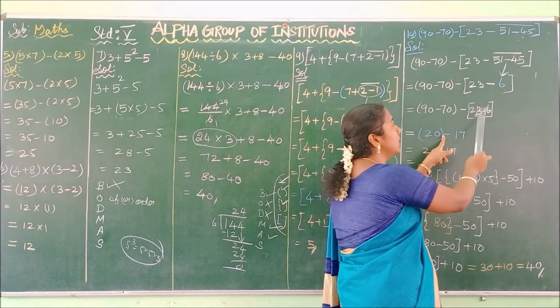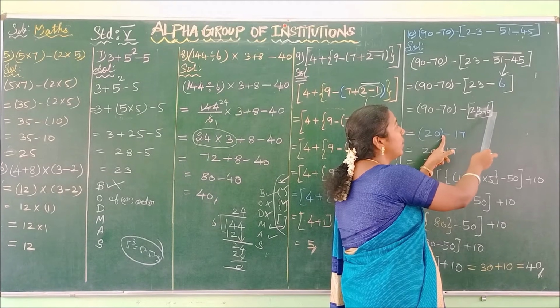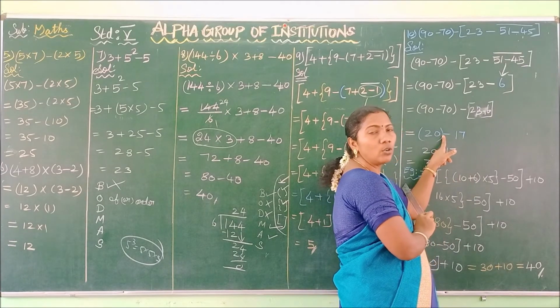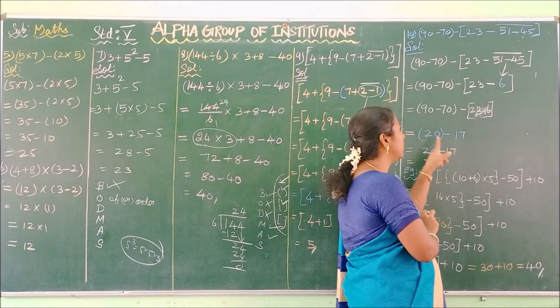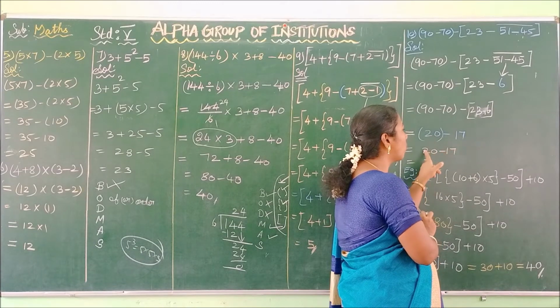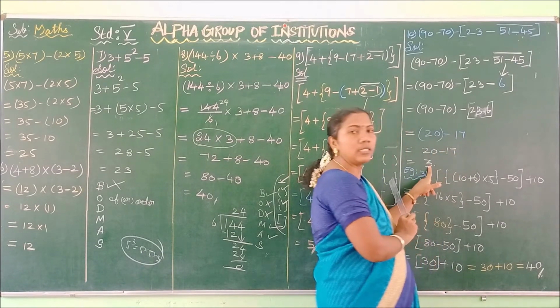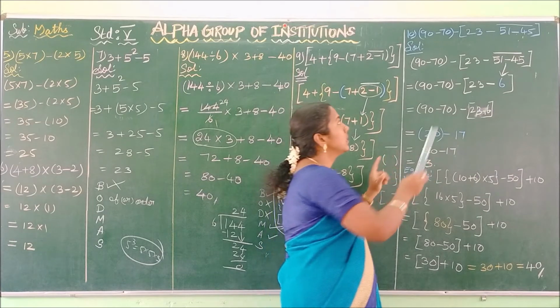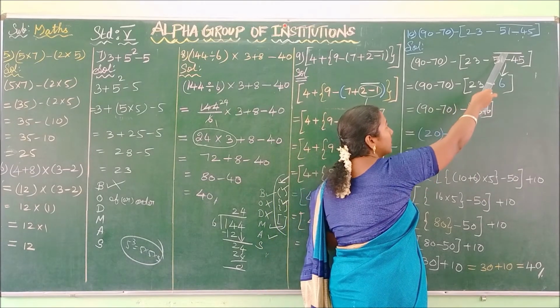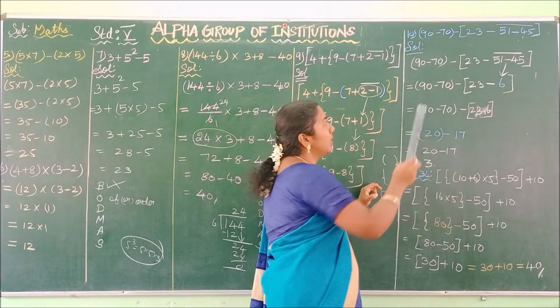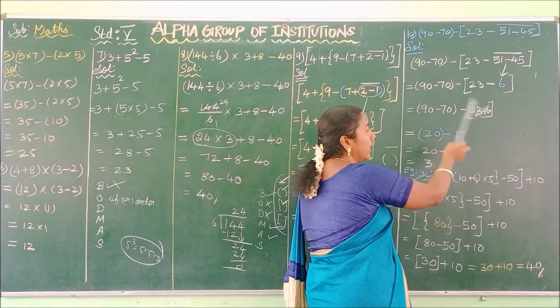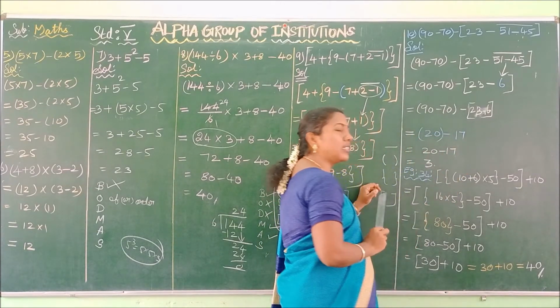Next you have to evaluate this square bracket. 23 minus 6. What is your answer? 17. Next you have to evaluate these two numbers, 20 minus 17. So your answer is 3. Do you understand, children? See here we have a vinculum. First you have to evaluate the vinculum and then next we have evaluated the simple bracket and then the square bracket. We get the answer 3.